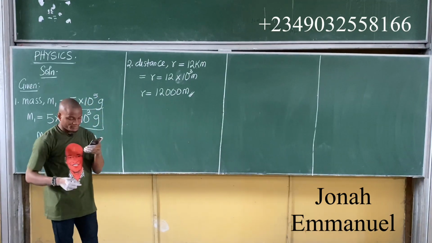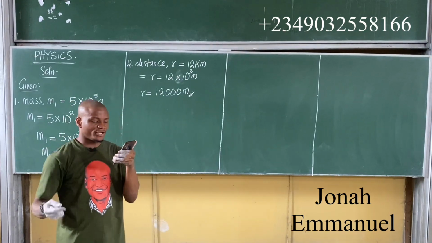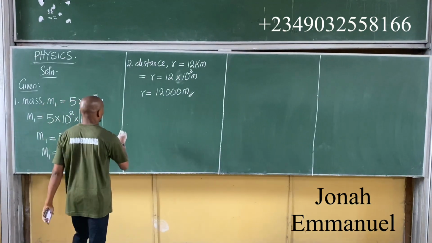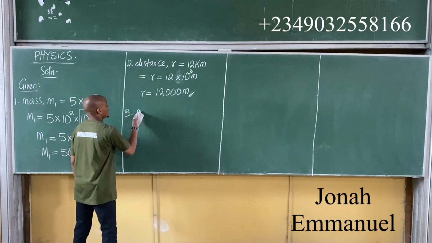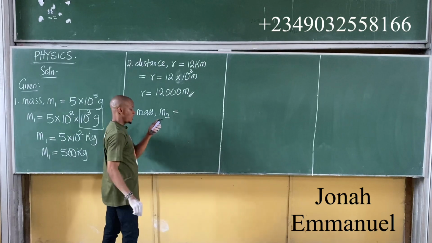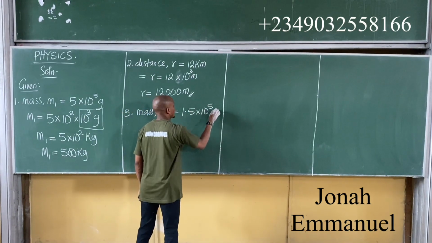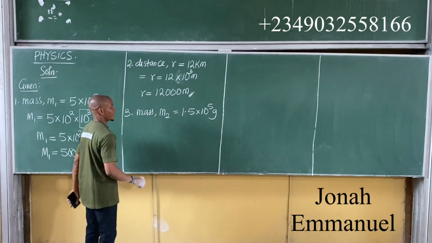Next up, it says from another body of mass. So you have your second mass, M2, which is about 1.5 times 10 to the power 5 grams. Convert to kilogram.